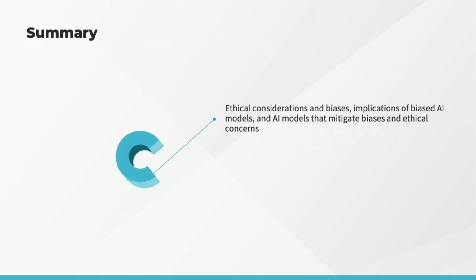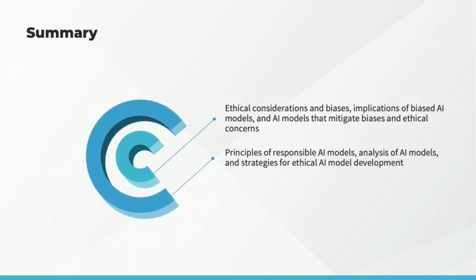So in this course, we've examined the principles of responsible AI in designing and implementing AI models in IT. We did this by exploring ethical considerations and biases, implications of biased AI models, and AI models that mitigate biases and ethical concerns. We explored principles of responsible AI models, analysis of AI models, and strategies for ethical AI model development.